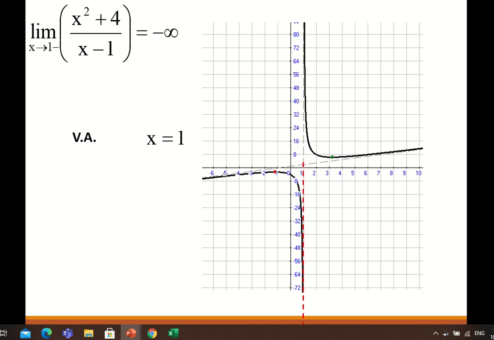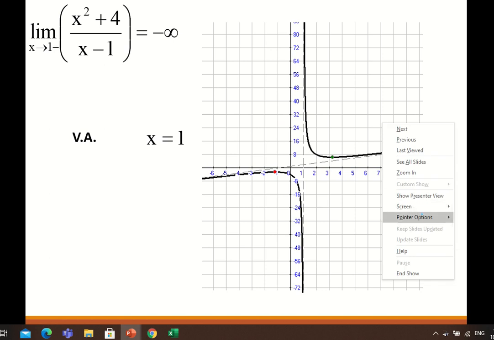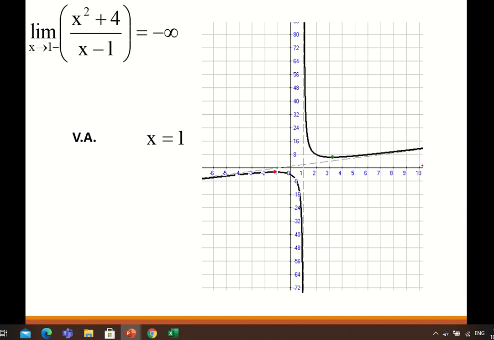Okay, so this is our illustration. Here this is our x-axis, and this is our y-axis.